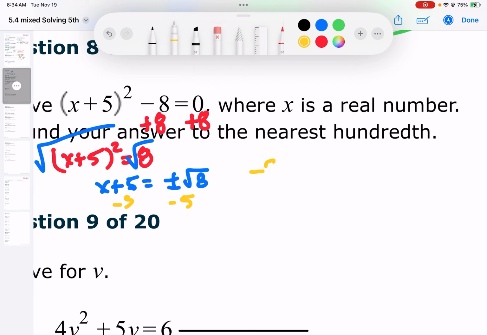So I got a negative 5 plus minus square root of 8. Negative 5 plus square root of 8. So that's negative 2.17 and negative 7.83.